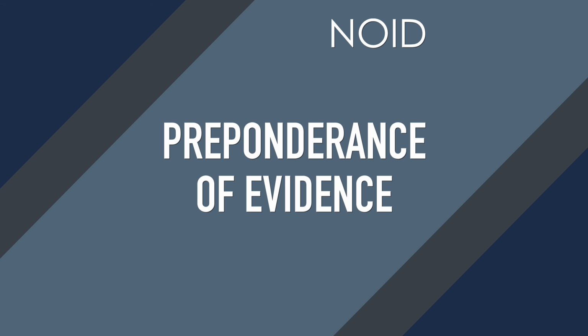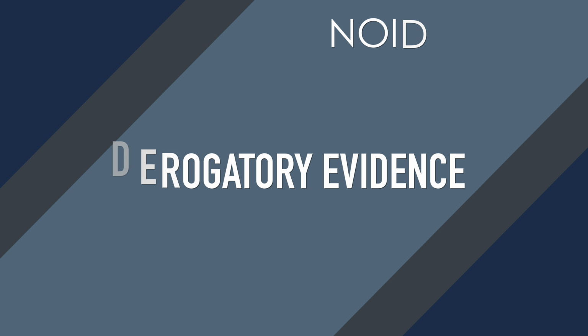The evidence that you submit, immigration has to accept that it is more likely true than not that it's bona fide and relates to the marriage, okay? That's an important point. Secondly, per recent cases on I-130s, the service has to provide you with derogatory evidence, okay? So again, later in the video, I'm going to tell you exactly how to do that, all right?